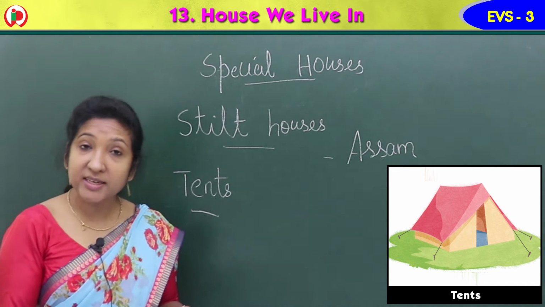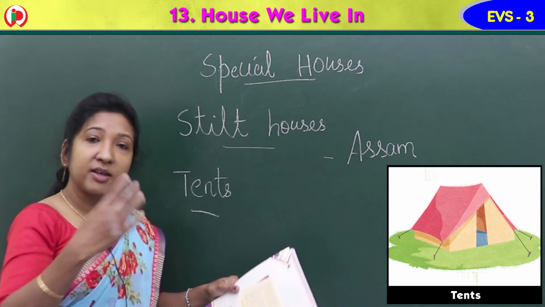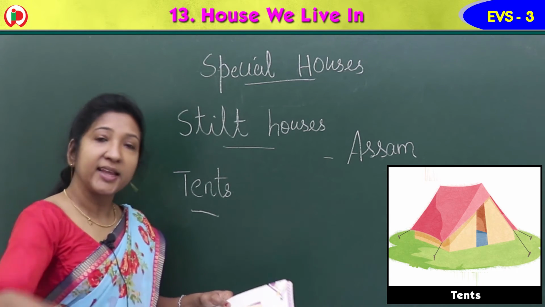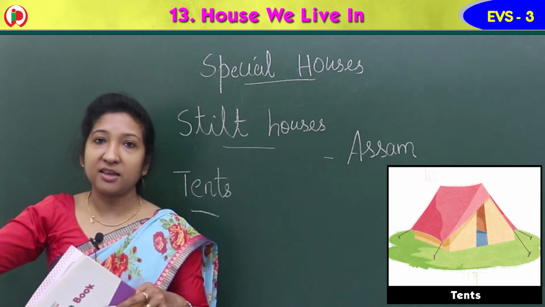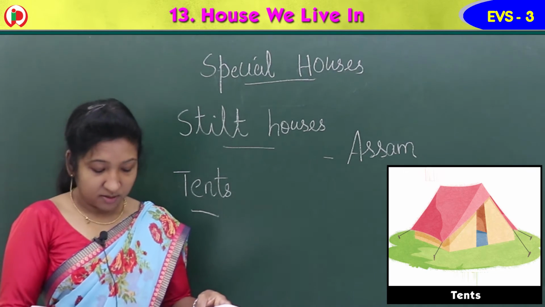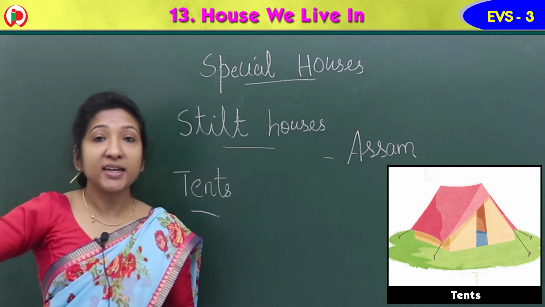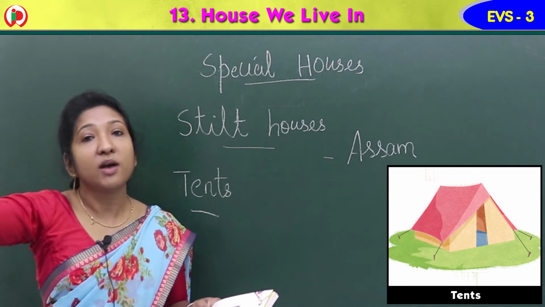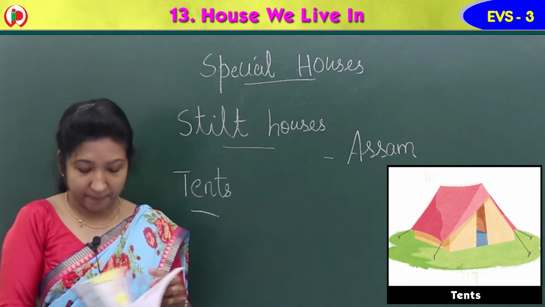They can be fixed and folded easily. It can be fixed anywhere, and after some time we can take it off and fold it. So it is easy to carry. That's why they call it a movable shelter. It is a movable shelter because people can carry it from one place to another, wherever they are going.